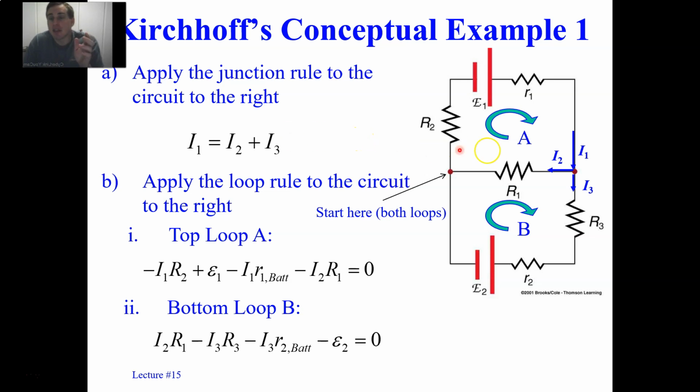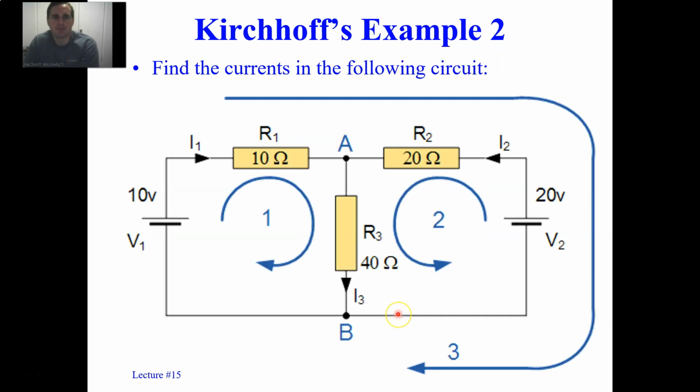Now, in this case, I think the unknowns are I1, I2, and I3, the currents. Suppose we know what the resistances and the voltages of the batteries are. So we need one junction equation and two loops. Okay? If you did a third loop, it would be sort of redundant. But again, some people want to get many equations, but I think it makes extra effort.